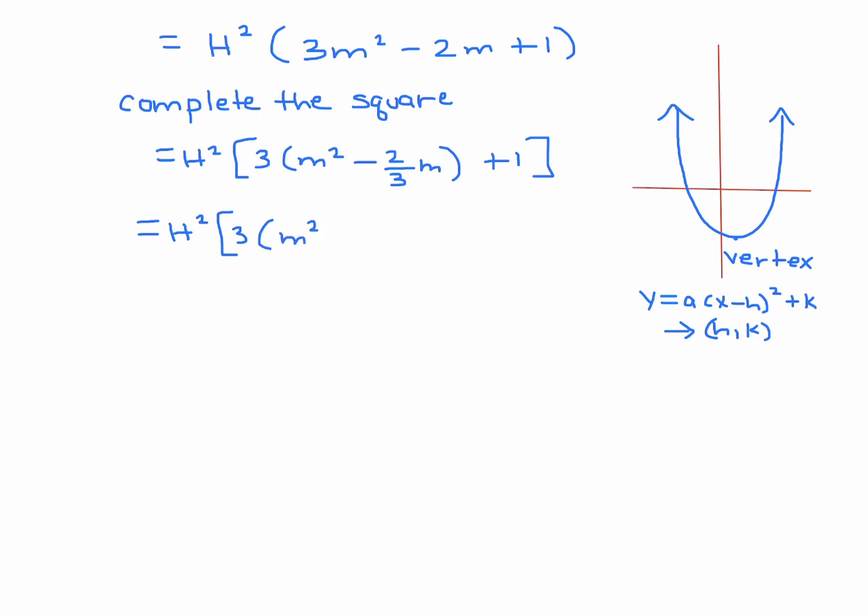So half of negative 2 over 3 is negative 2 over 6. Then I have to square that. That would become 4 over 36. And then, of course, I have to subtract the same thing immediately. I can't just add something without subtracting it.